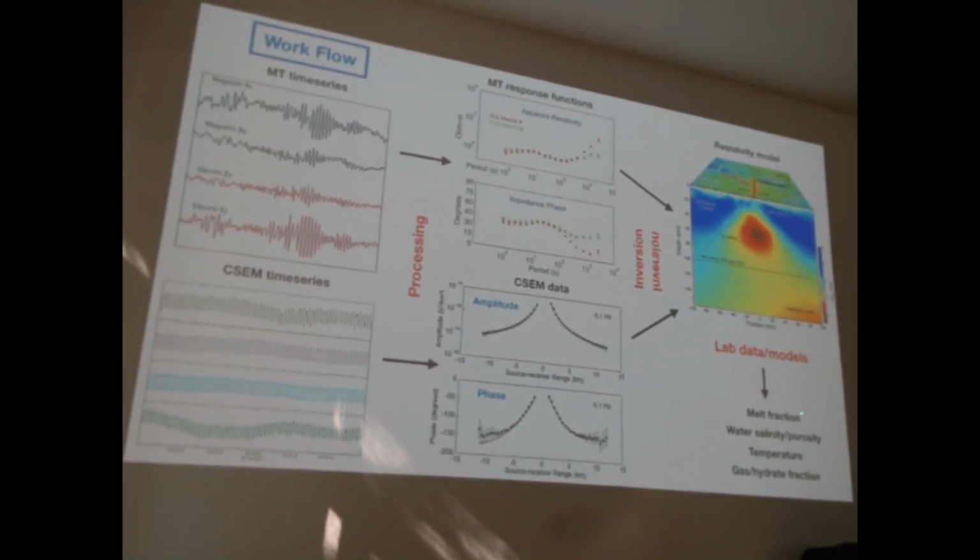And then from that, you can infer things like melt fraction, water salinity, temperature, gas hydrate fraction, if that's what you're interested in. So this is the sort of workflow, and I'm going to be talking about the whole workflow today, from collecting the data to processing the data to inversion and some laboratory work. That's why it's a complicated subject.